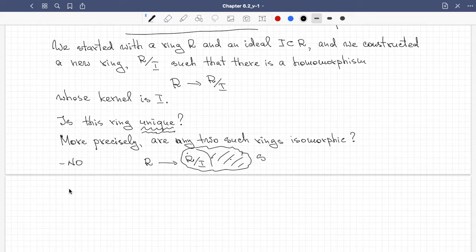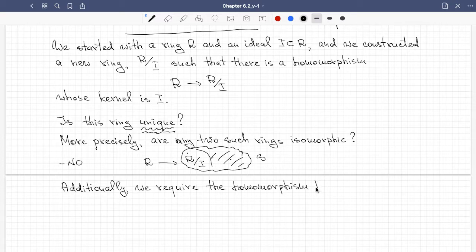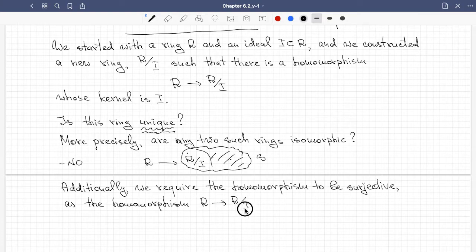So we require additionally the homomorphism to be surjective, as the homomorphism from R to the quotient ring is.